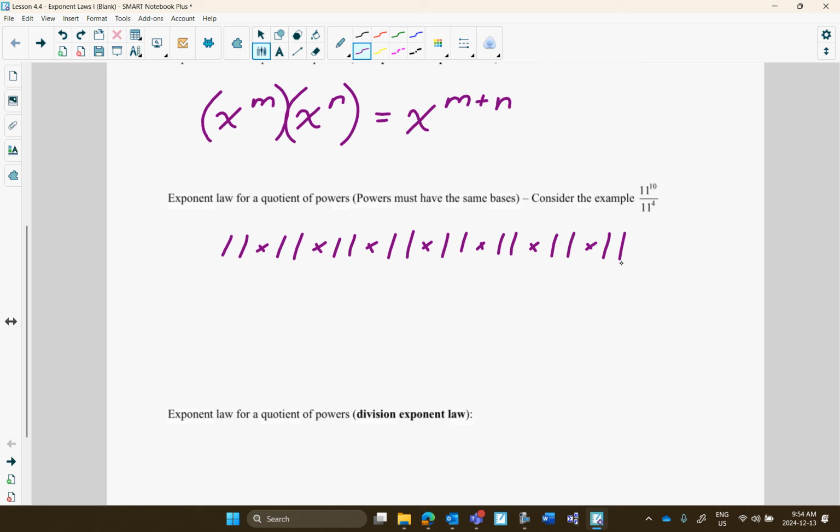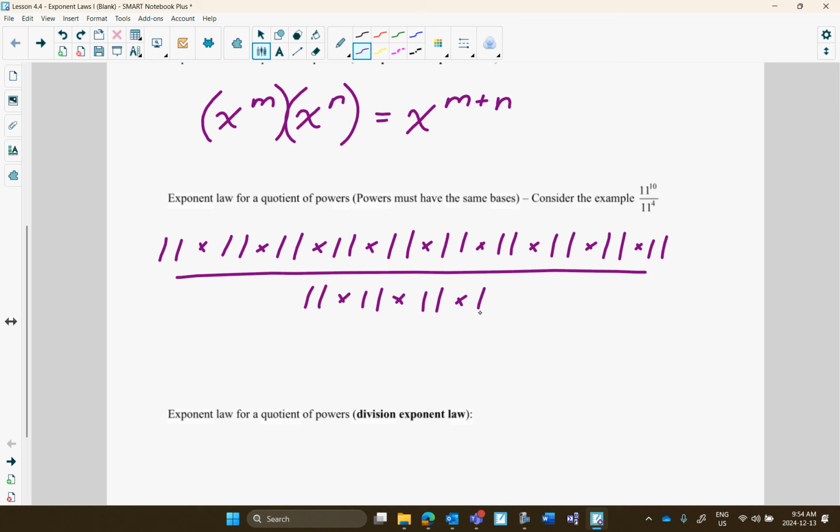And then I divide that by 11 to the 4th, or 4 11s multiplied by each other.